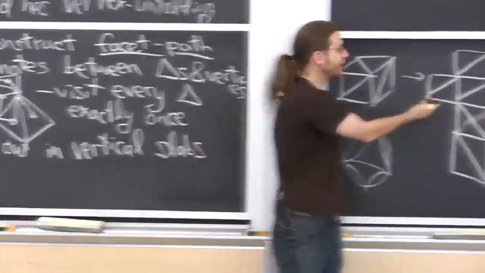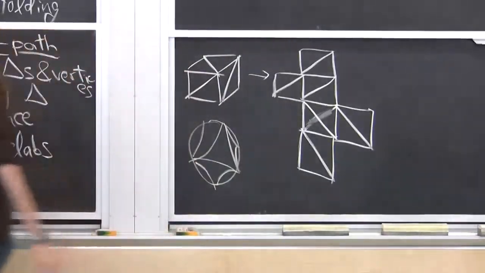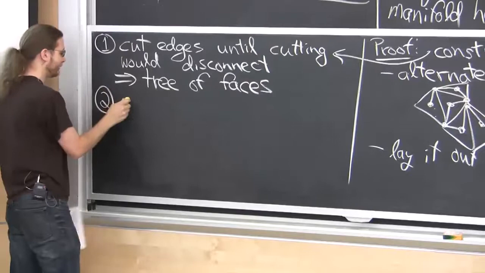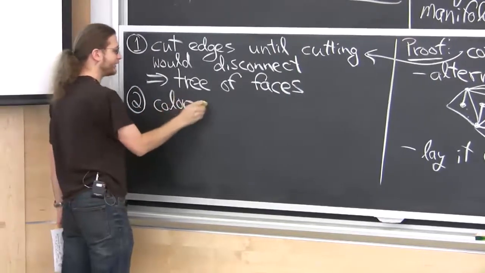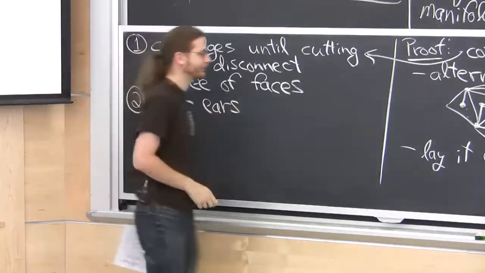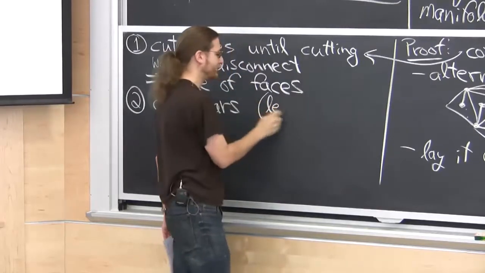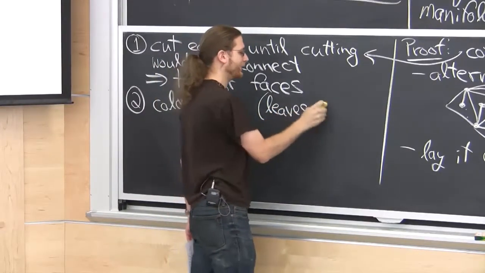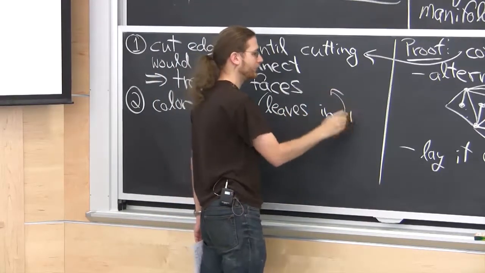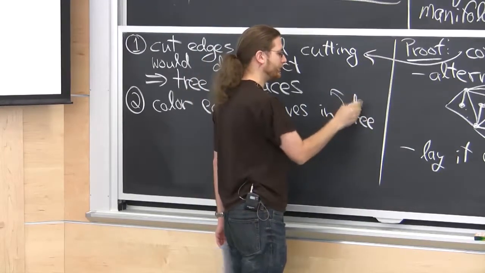In the case of a triangulated polygon, we usually call them ears. So here's a fun term. Let's color the ears. These are leaves in that tree, which we call the dual tree.